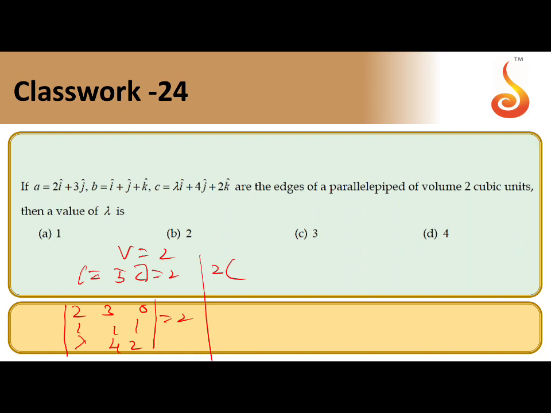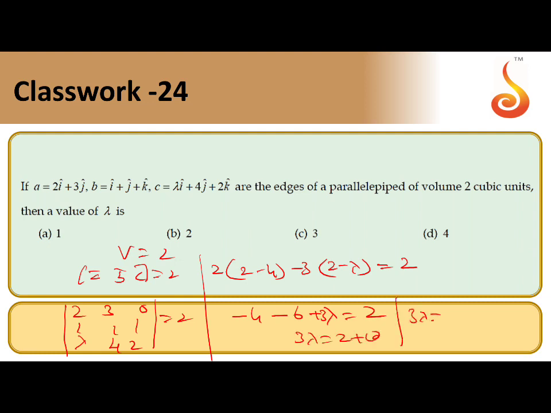So 2 into (2 minus 4) minus 3 into (2 minus lambda), and the last term is 0, equal to 2. Simplify. What here? 2 into minus 2 is minus 4, minus 6 plus 3 lambda equal to 2. So 3 lambda equal to 2 plus 10.